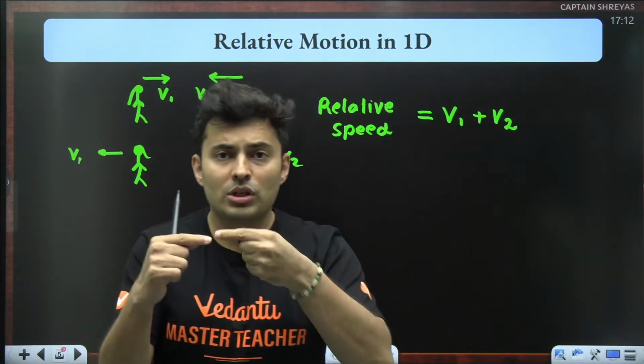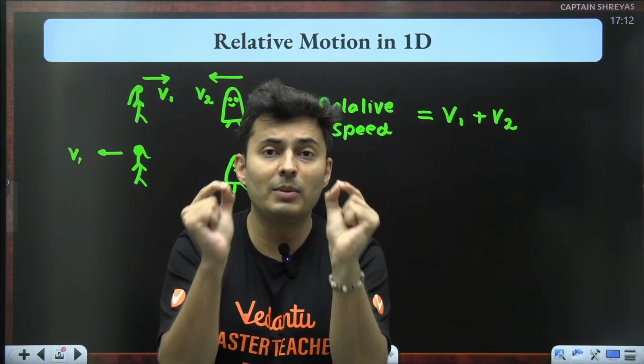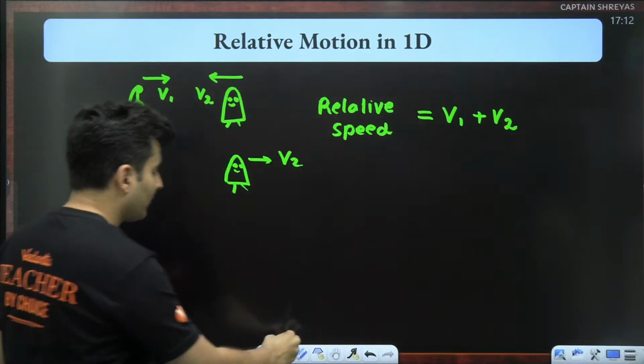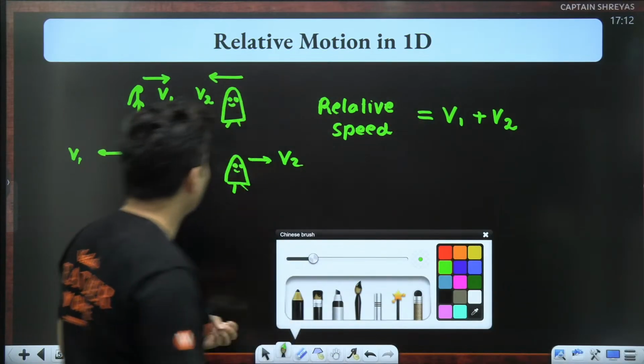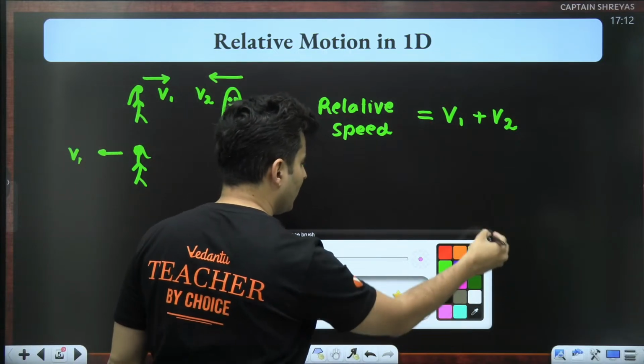So whether you approach or whether you move away from each other, relative speed will be calculated by adding their individual speeds. But before they had a breakup, before they had a love story, this is a long time ago, guys.